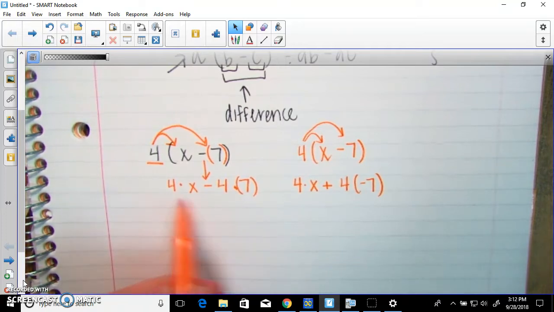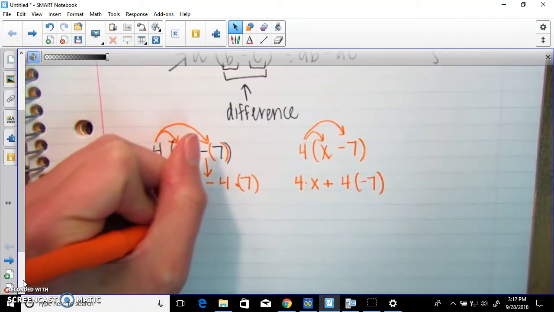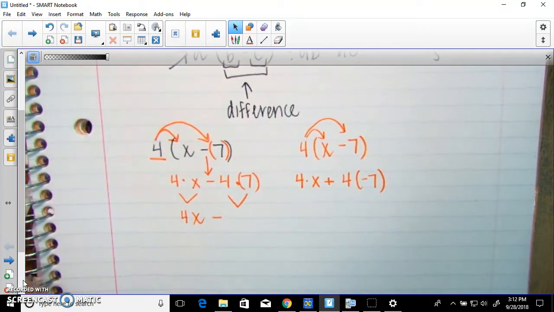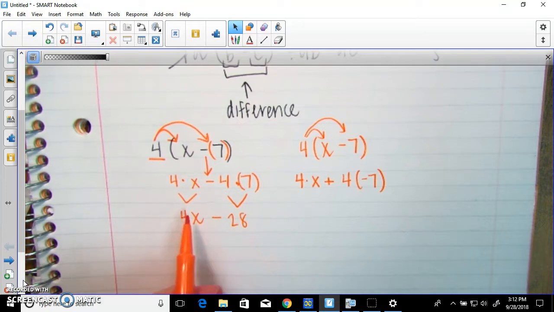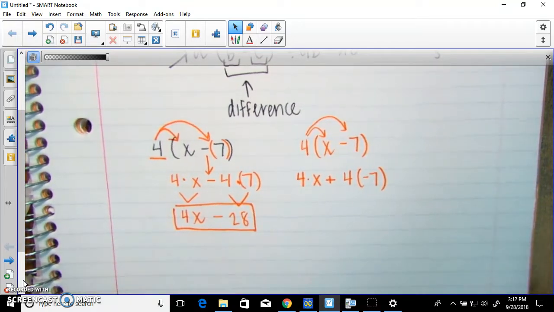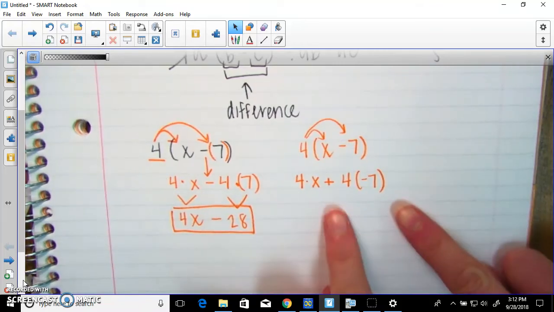So let's say we stuck with this first way. 4 times x just simplifies to 4x minus 4 times 7, which simplifies to 28. 4x and 28 cannot be combined because they are not like terms, so we're going to leave our expression that way. Let's say we did it this way.